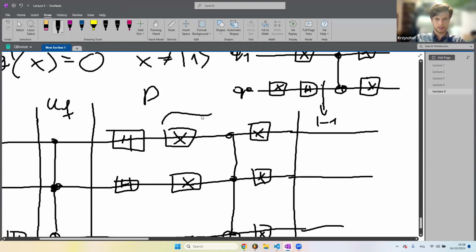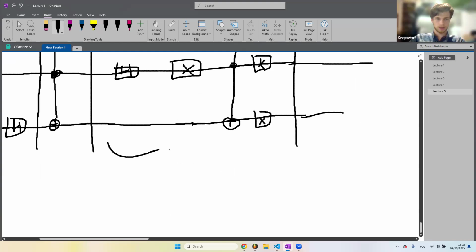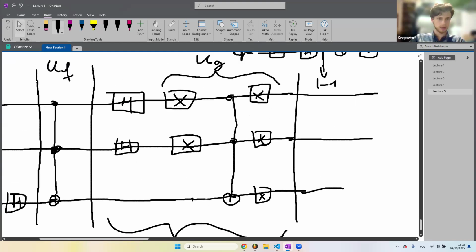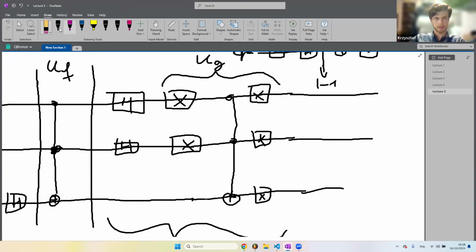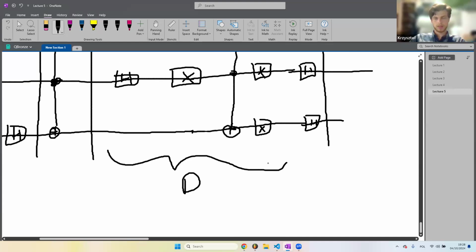So actually this here is our UG, and this whole part here is our, I'm sorry, I also forgot about the Hadamard gates at the end. So at the end, we apply another set of Hadamard gates. And this is our whole D operator.